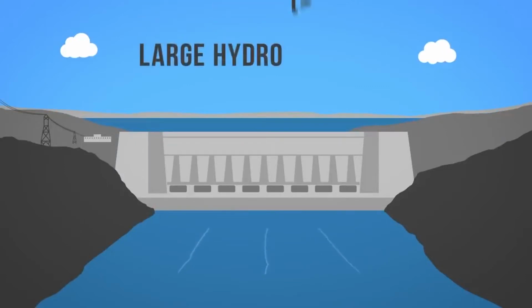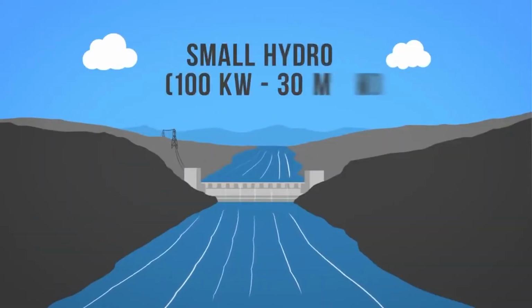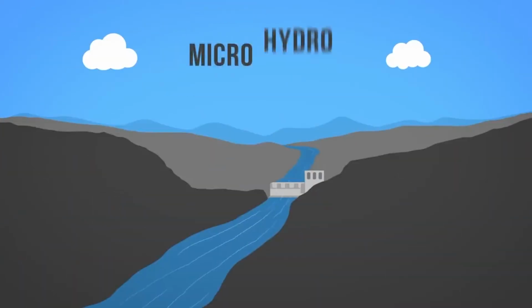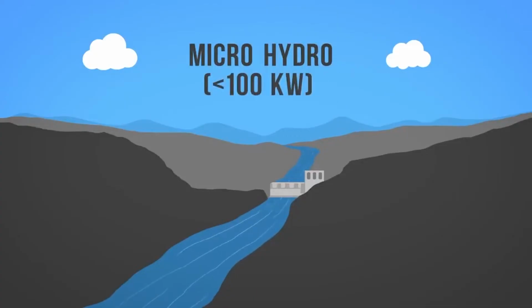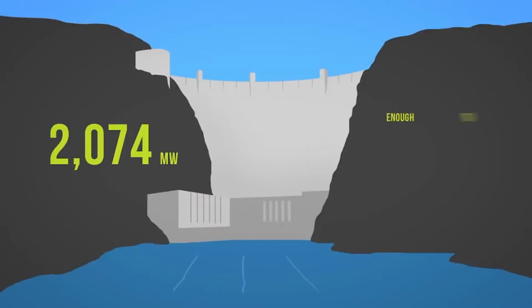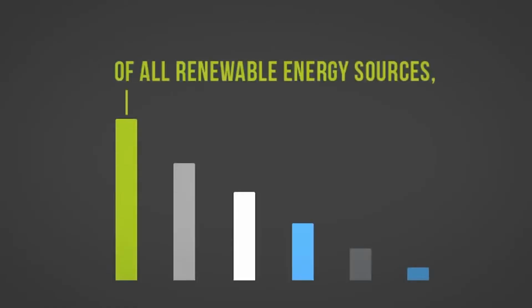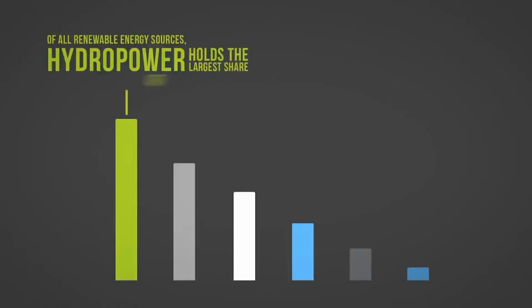Large hydro, greater than 30 megawatts, small hydro, 100 kilowatts to 30 megawatts, and micro hydro, less than 100 kilowatts. The Hoover Dam in the United States is a whopping 2,074 megawatts, which is enough to serve 1.3 million people. Of all renewable energy sources, hydropower holds the largest share of worldwide electricity production.